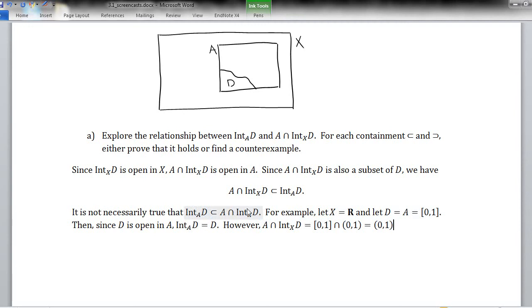So we have the left side here is D, which is this closed interval from 0 to 1. The right side is the open interval from 0 to 1, which certainly does not contain D. So we've shown that this containment here does not hold for this particular example. And that means we're done.